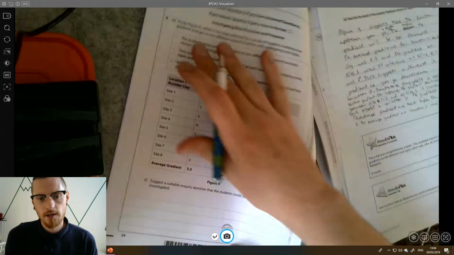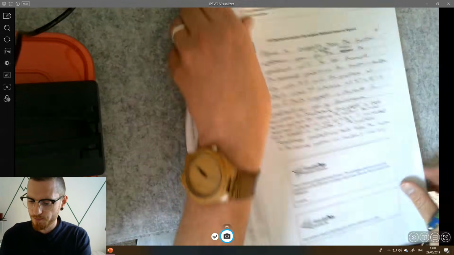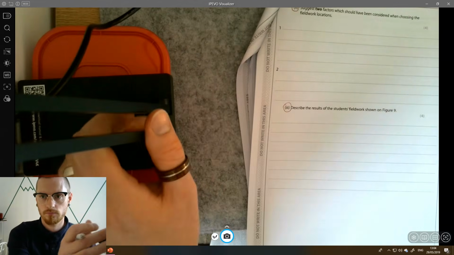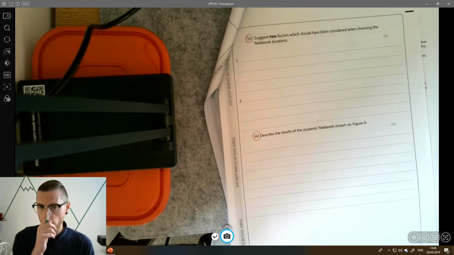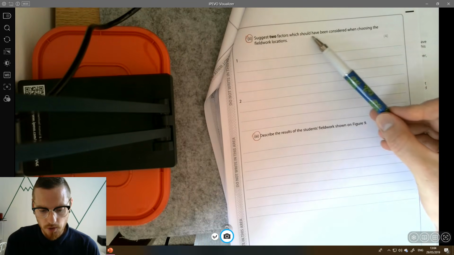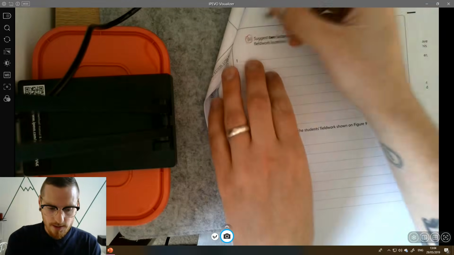All right. So this is just looking at question 9, and I'm just picking out some of the key fieldwork questions I wanted to explore. We've got: suggest 2 factors which should have been considered when choosing the fieldwork locations.